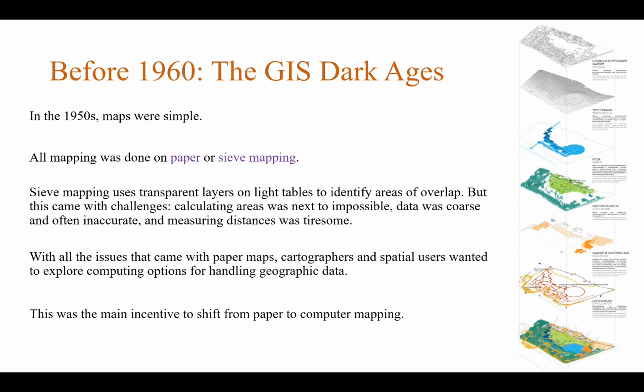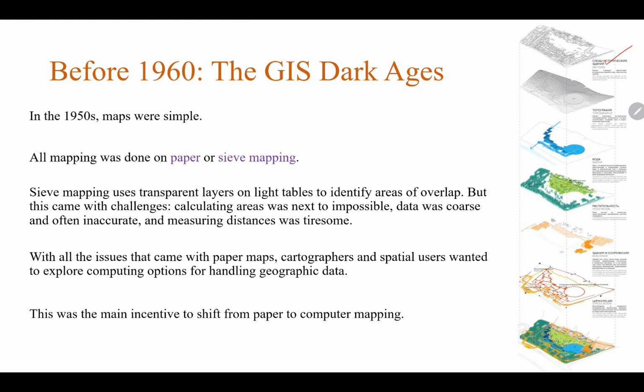There was also something called sieve mapping at that time. Sieve mapping is basically you take transparent layers or transparent sheets of paper, and you use light tables, and you can make different layers or entities on each different map, and you can stack them together. An example of a sieve map is given towards the right side.